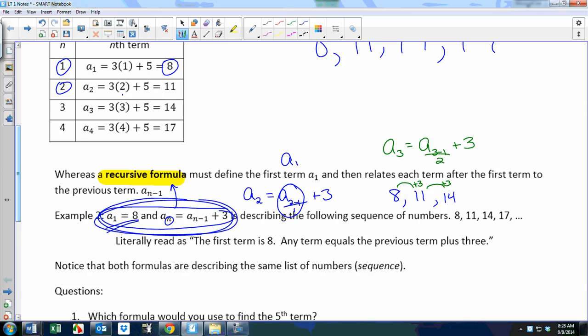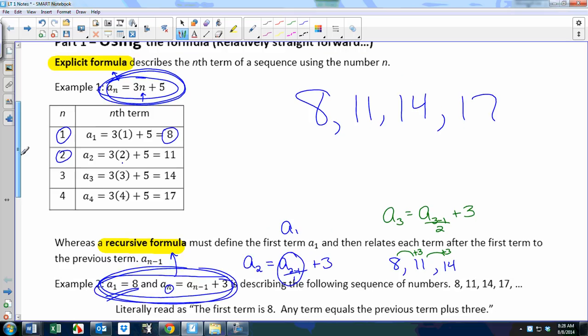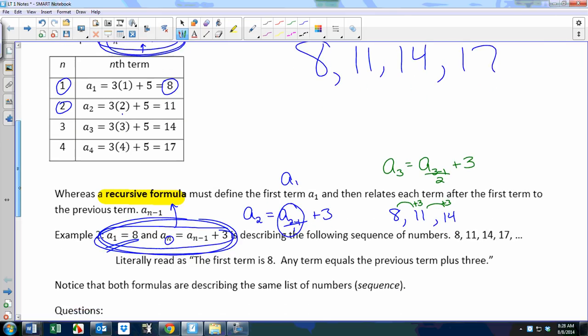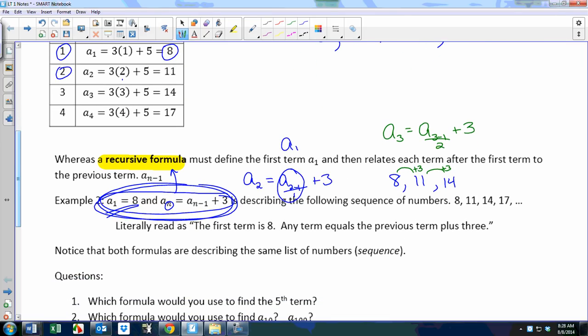What do you think? Explicit, neither one's wrong. Explicit, 20. But you wouldn't have been wrong if you'd said recursive either, because we know the fourth term is 17, right? So add 3 and get the fifth term to be 20 that way.